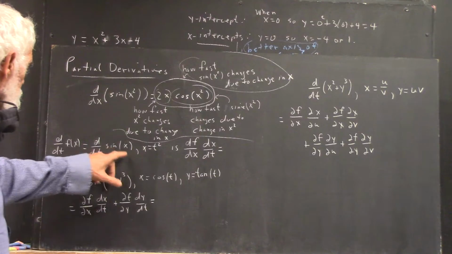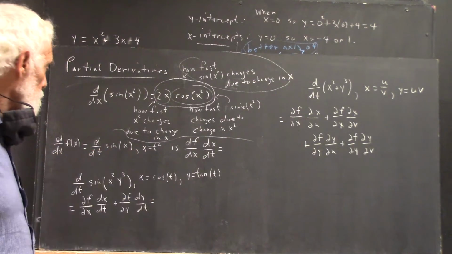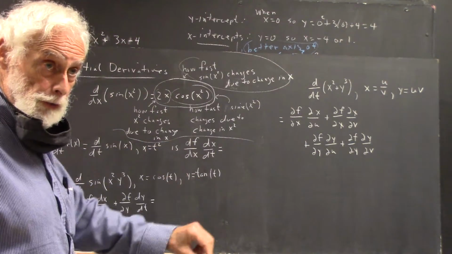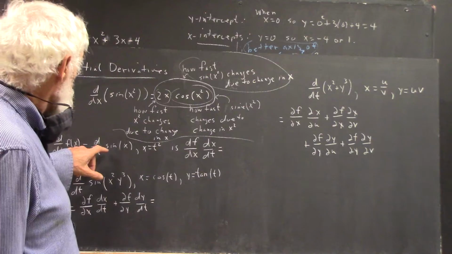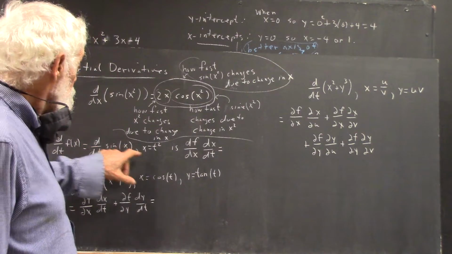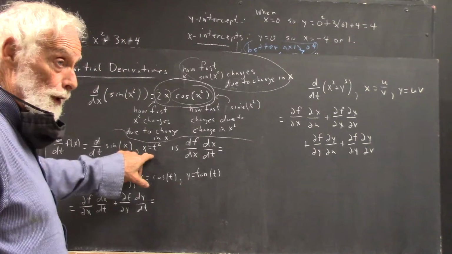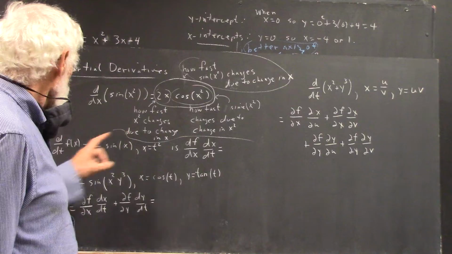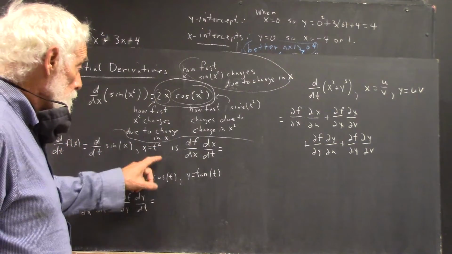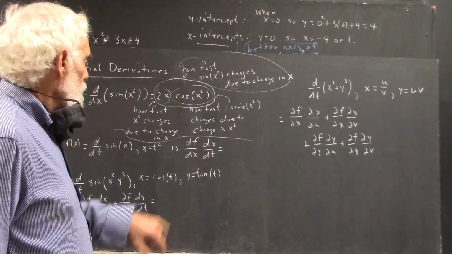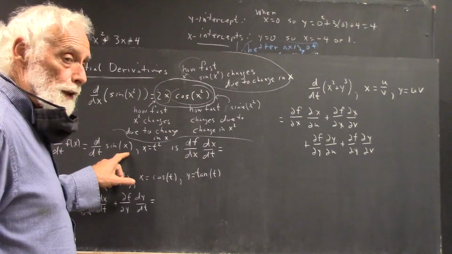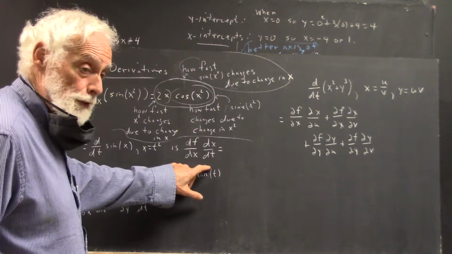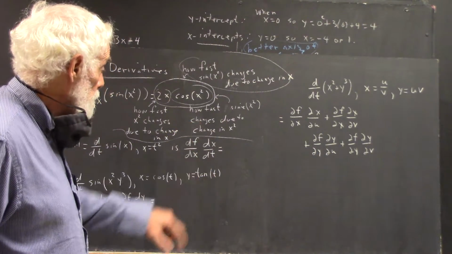So again, if f of x is the sine of x and x is t squared, then when we multiply the rate at which the sine of x changes due to a small change in x by the rate at which x changes due to a change in t, we get the rate at which the function f of x changes due to a change in t. This is the rate at which the sine function changes due to a change in x, and this is the rate at which x changes in response to a small change in t.